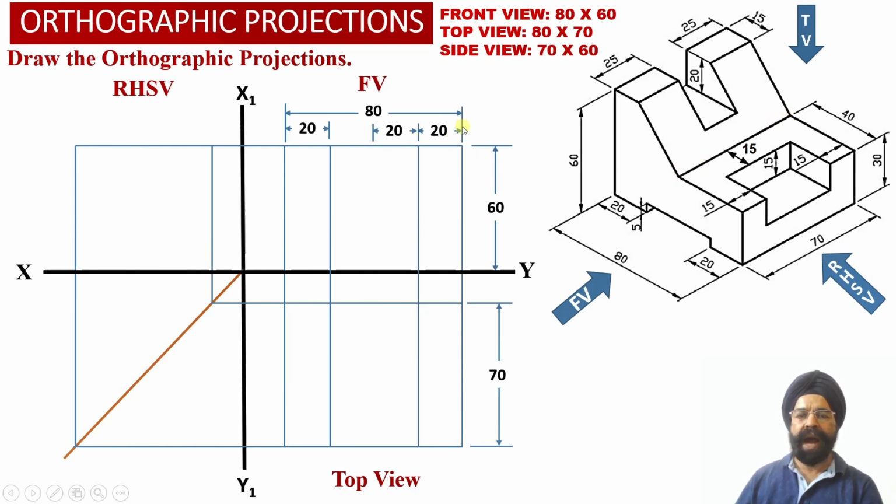So now we have marked a distance of 40 millimeter from the right hand side face of the solid, and we have obtained a vertical projector line into the front view orthographic projections, and we have appropriately extended this vertical projector line into the top view projections as well.